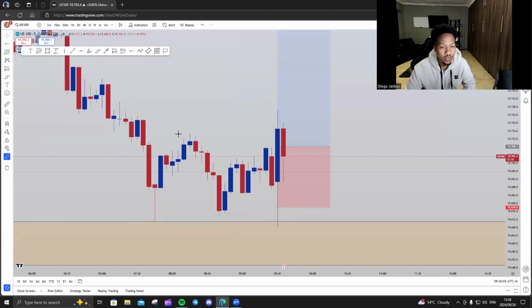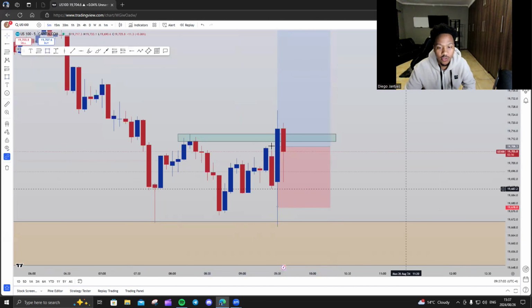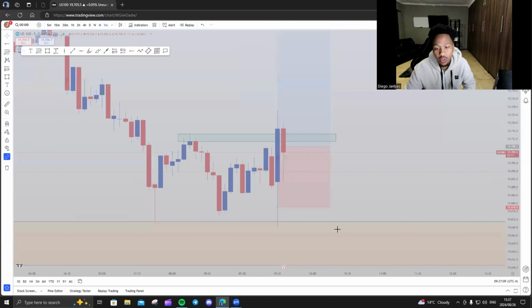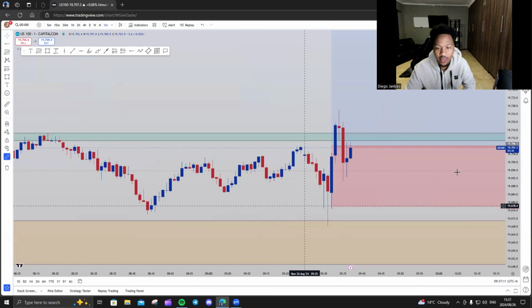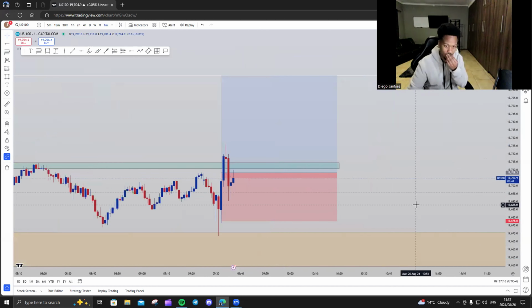All we need to do is see a closure above this area, right? Because if we have a closure below, then this simply means that we are faking out from that area over there, which will leave us in trouble. But let's wait and see.